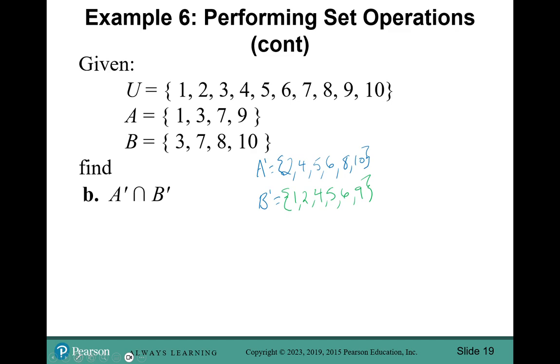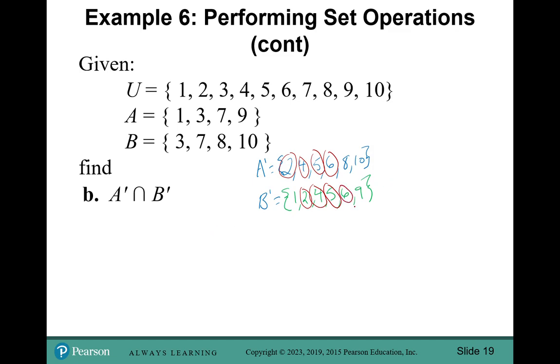I'm going to use a different color for this as well. Let's use a red. Well, I do see that they both have a 2 in common. They both have a 4 in common, a 5 in common, a 6 in common.